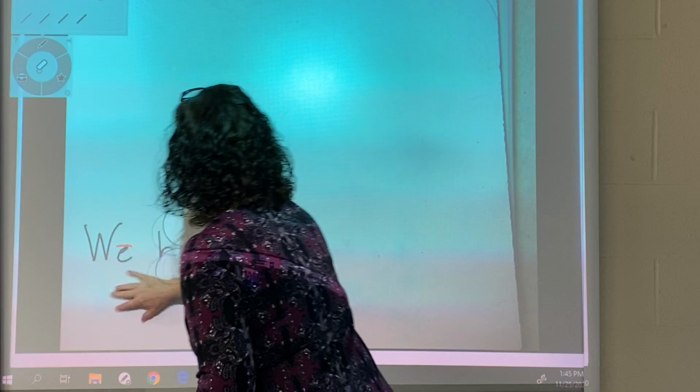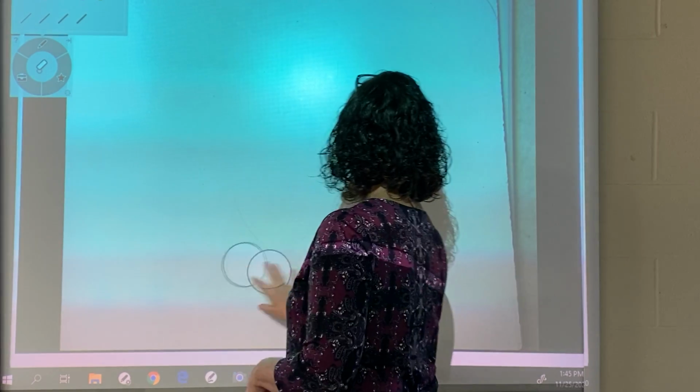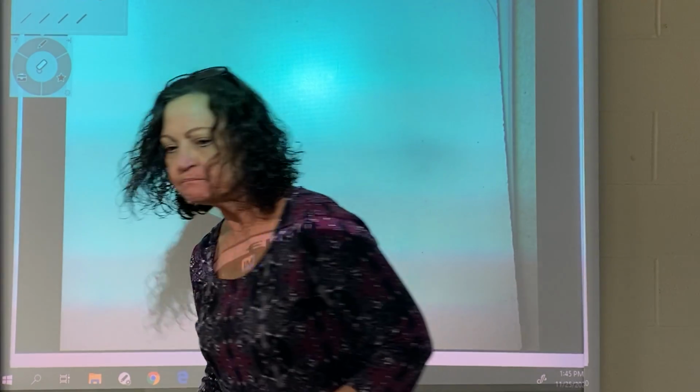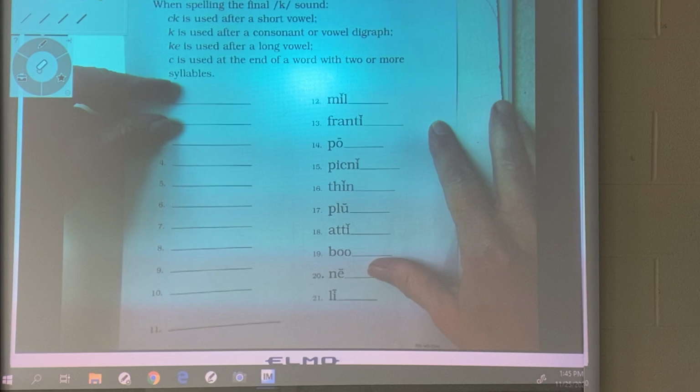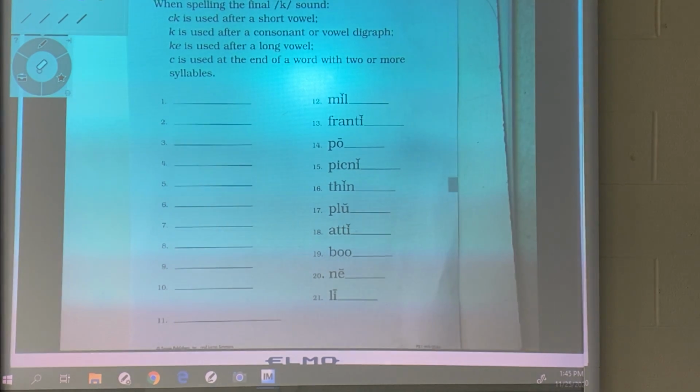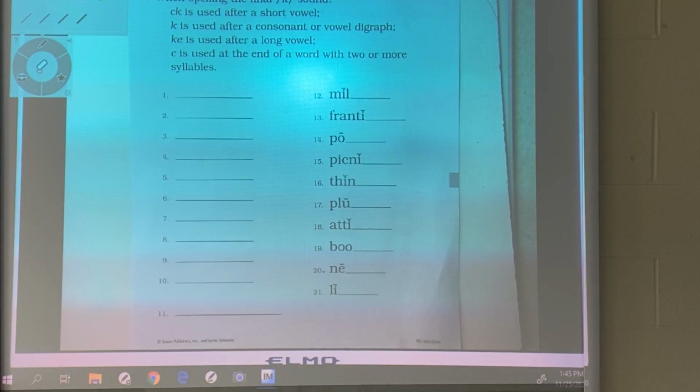Okay, so let's get our worksheet up there and get our sounds. And parents, there's that rule, the same rule that's written on my board, and I still use it every day.